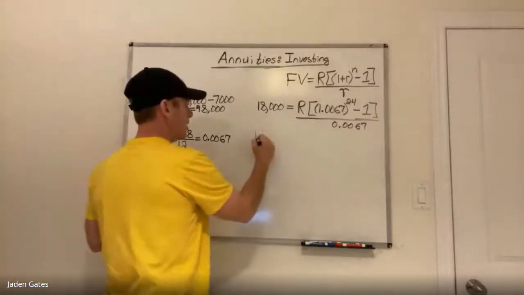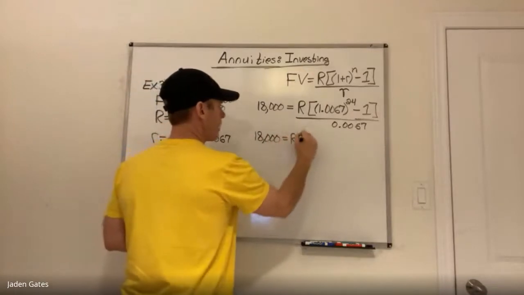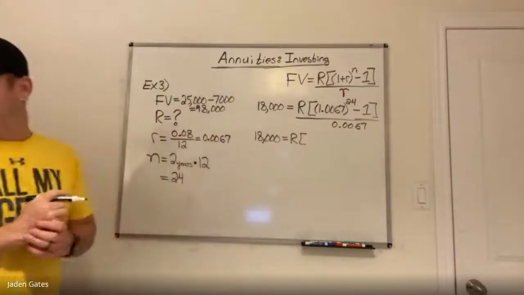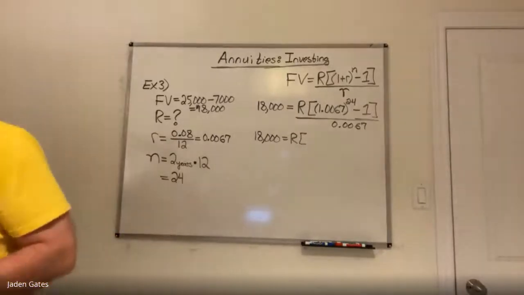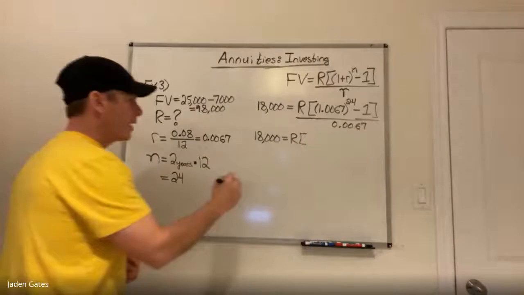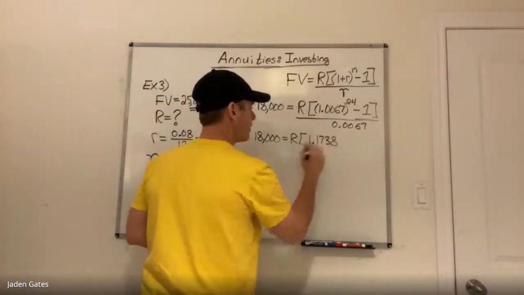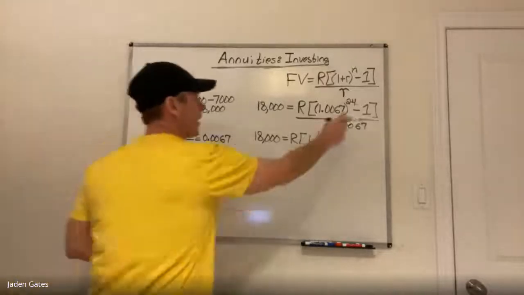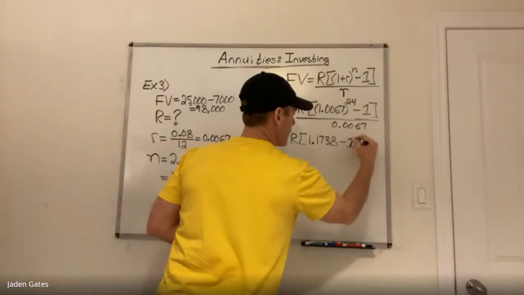So I have 18,000 equals R, and again, I'm going to do my brackets, so I got to take my exponent there. 1.0067 to the power of 24. I type that in. I get 1.1738. Oh, and again, I have my minus 1 there. Make that a nice 1. There we go.